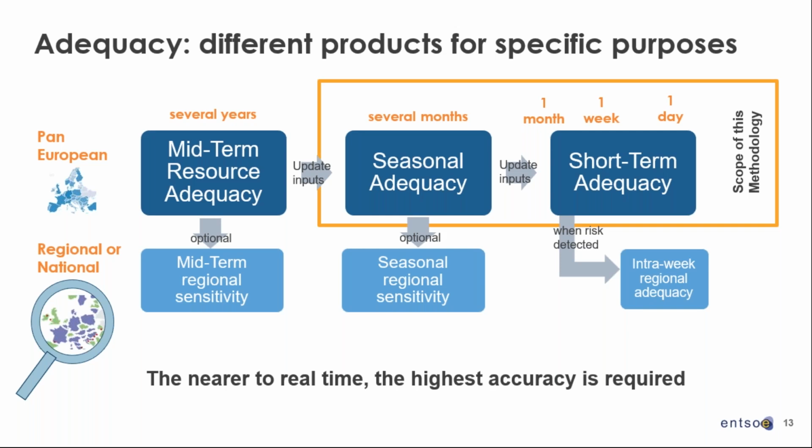So in parallel to that, we are drafting this methodology together with the short-term adequacy, which is month, week to day ahead. And also the short-term adequacy is being tested already today in a weekly update of a week-ahead adequacy. And it has also been tested months-ahead adequacy, especially during the critical situation we had in 2 of the past winters.